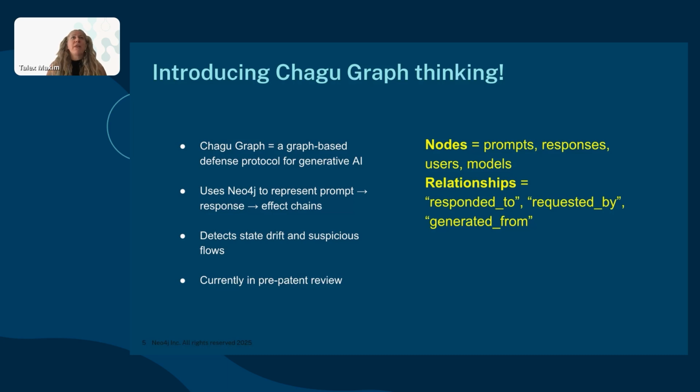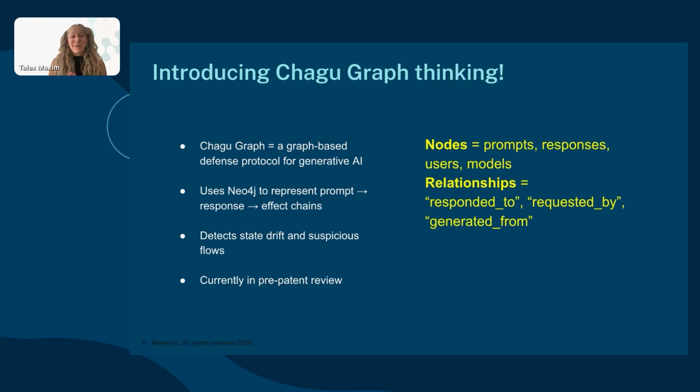So how do we think about security? With a graph-based defense protocol for generative AI, we're building the nodes. Nodes for us are prompts, responses, users, and the models that follow through these prompts. Relationships are who responded to whom, who requested what, and what we generated.